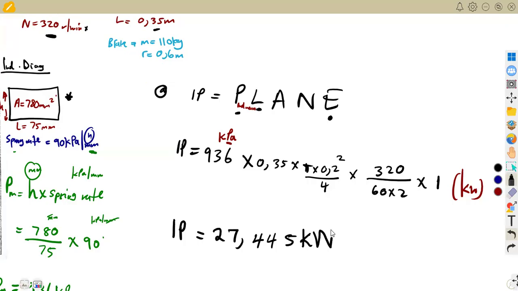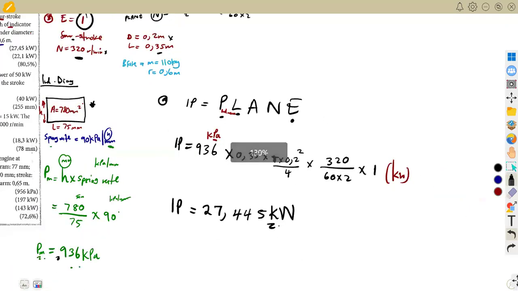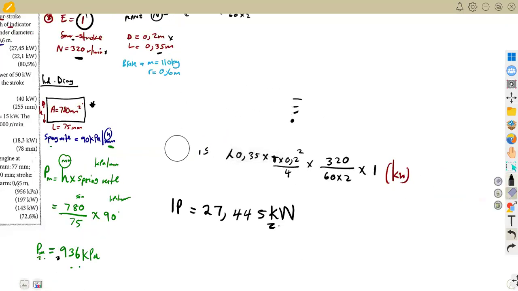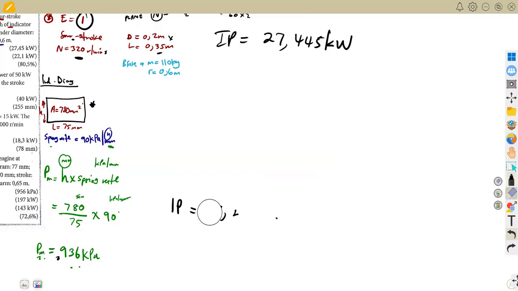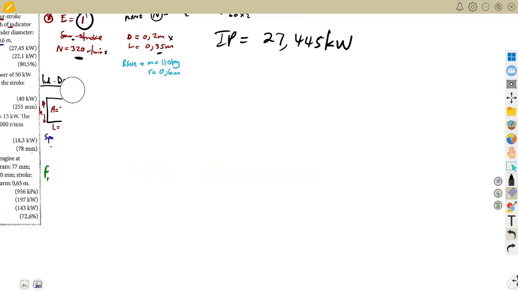We might need it, so let us just put it aside. It was 27,445 kilowatts. Remember also that kilowatts means kilojoule per second.